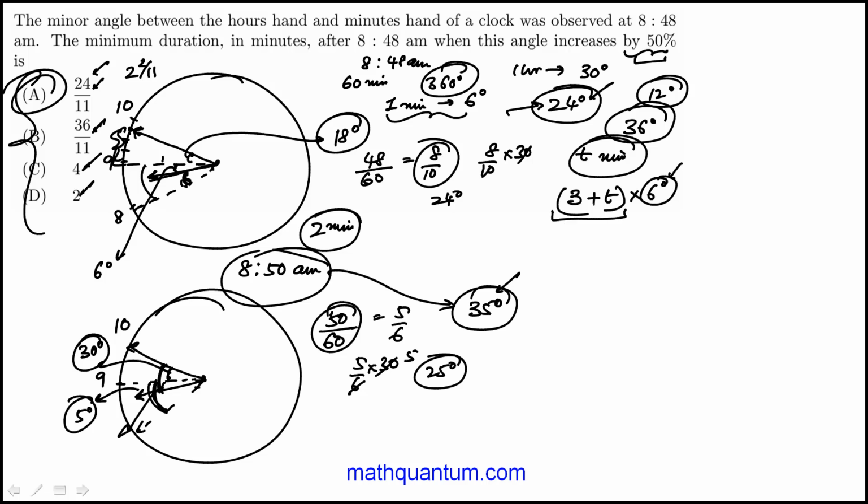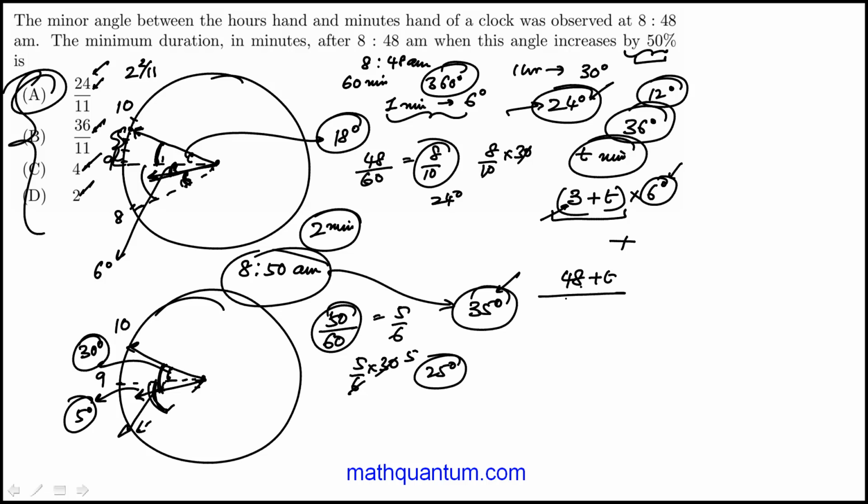So I've added 3 plus t. I'm calculating that angle here. And this is the base starting with 48. And then I have to add this angle here once the clock moves t more minutes. So then we're again referencing from 48. And t is that additional time.